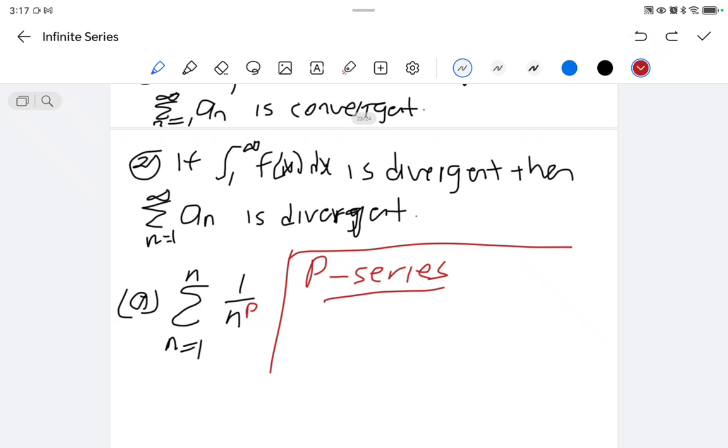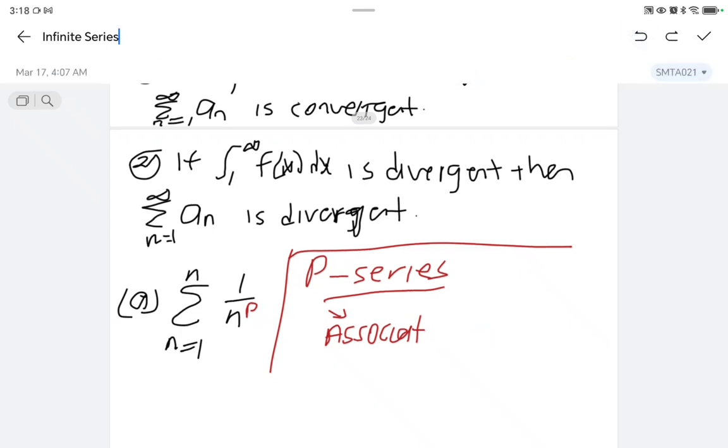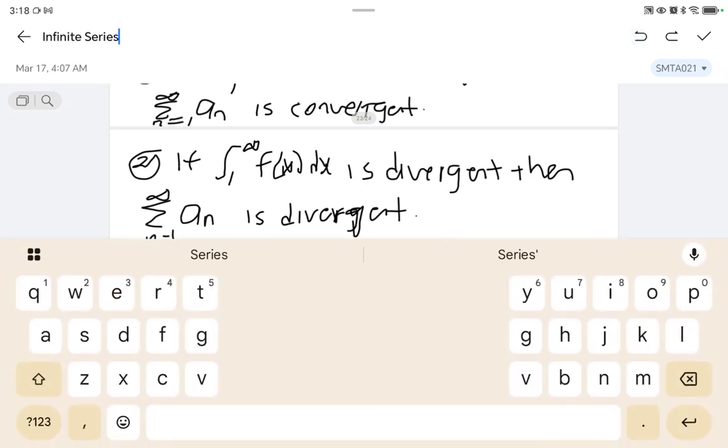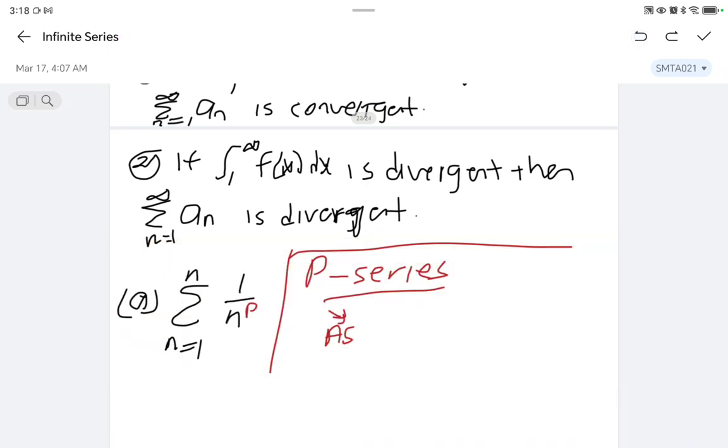Let me say that this is associated, but I don't have to write what it is associated with, because I'm writing it on the integral test and some can confuse it.